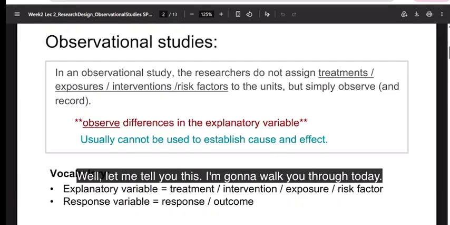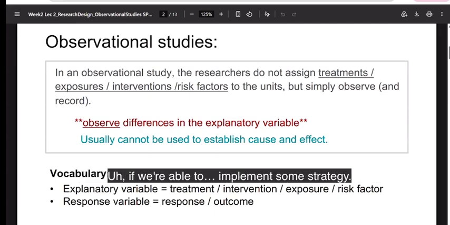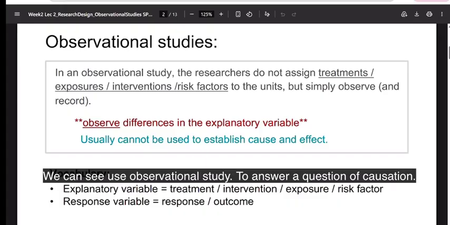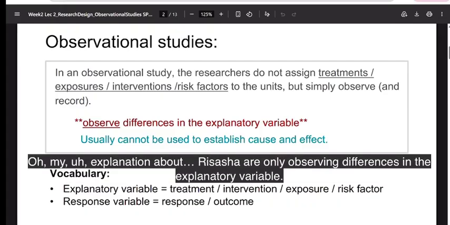But let me tell you this. If we're able to implement some strategy, we can still use observational study to answer a question of causation, but we have to do a lot.